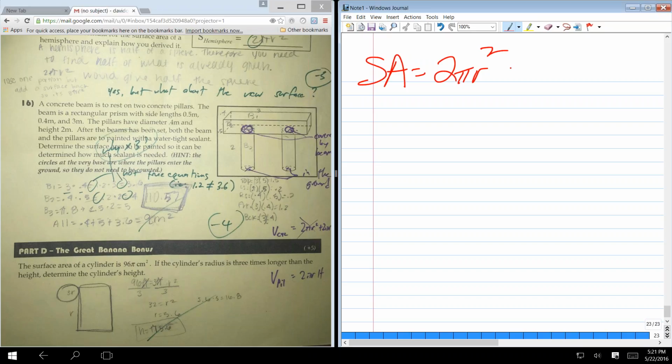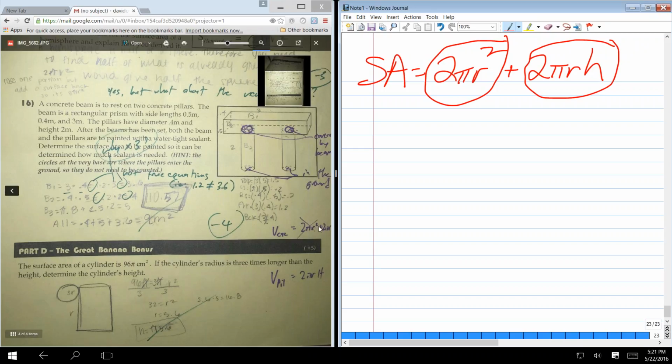In other words, this is both bases, the surface area of both bases. This is the lateral surface area. That's the label of the soup can. So that's your surface area.